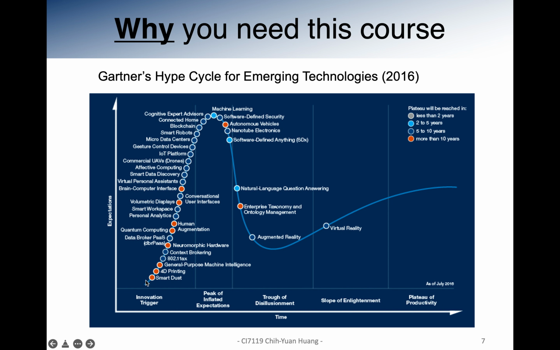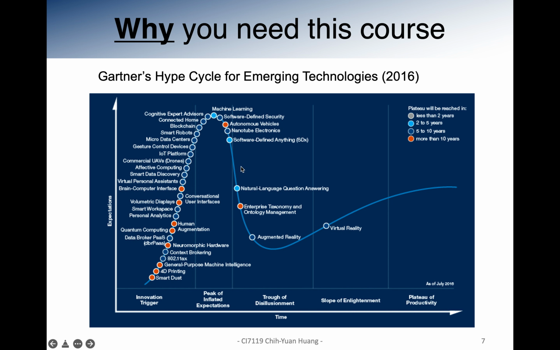The graph has this type of trend. At the beginning, the expectation grows very high into a peak, and then starts decreasing, and gradually it increases again, and then finally it becomes stable.